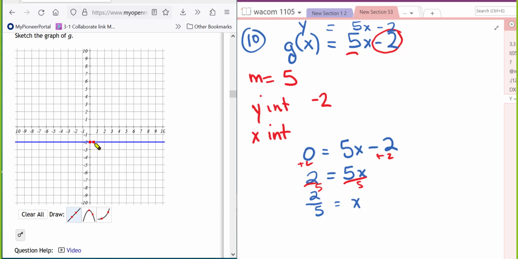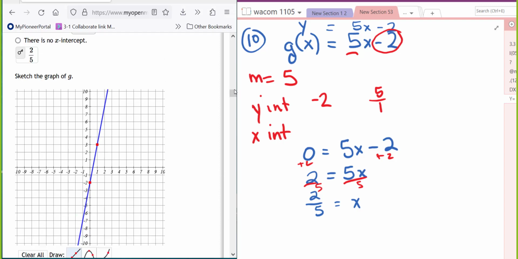And then we're going to count with our slope. It will be a 5 over 1. So I'm going to go up 5 over 1. Right, here's our point we've got. So we're going to count up 5, 1, 2, 3, 4, 5 over 1. Click. That should be our line.